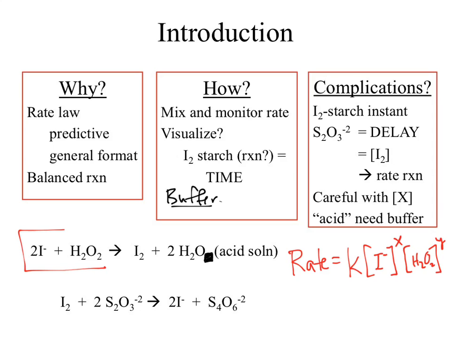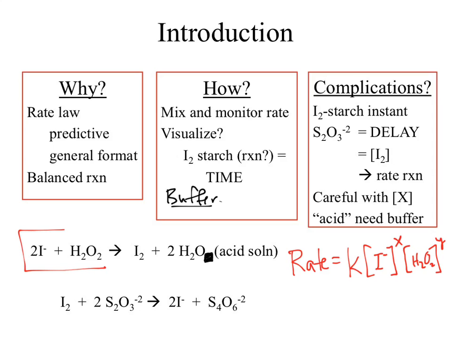To give you an idea of what's going on with this, what you guys are doing is ultimately what someone probably did for a PhD. Except when they did it, it took them 5 years. Why did it take them 5 years? Well, they took iodide, mixed it with peroxide, and said, oh, look, a color change.